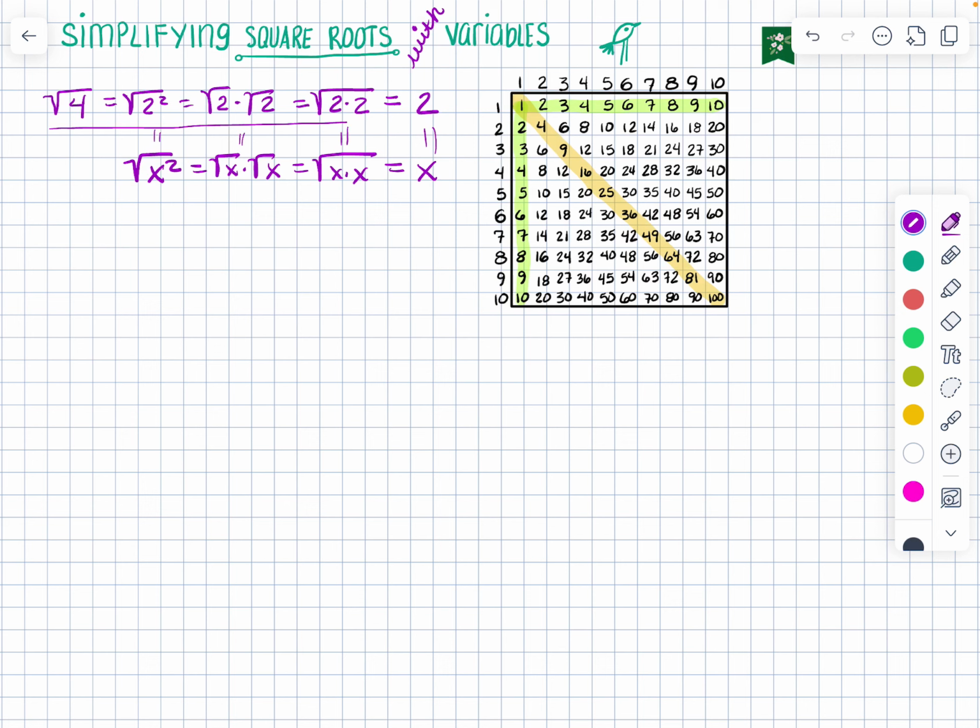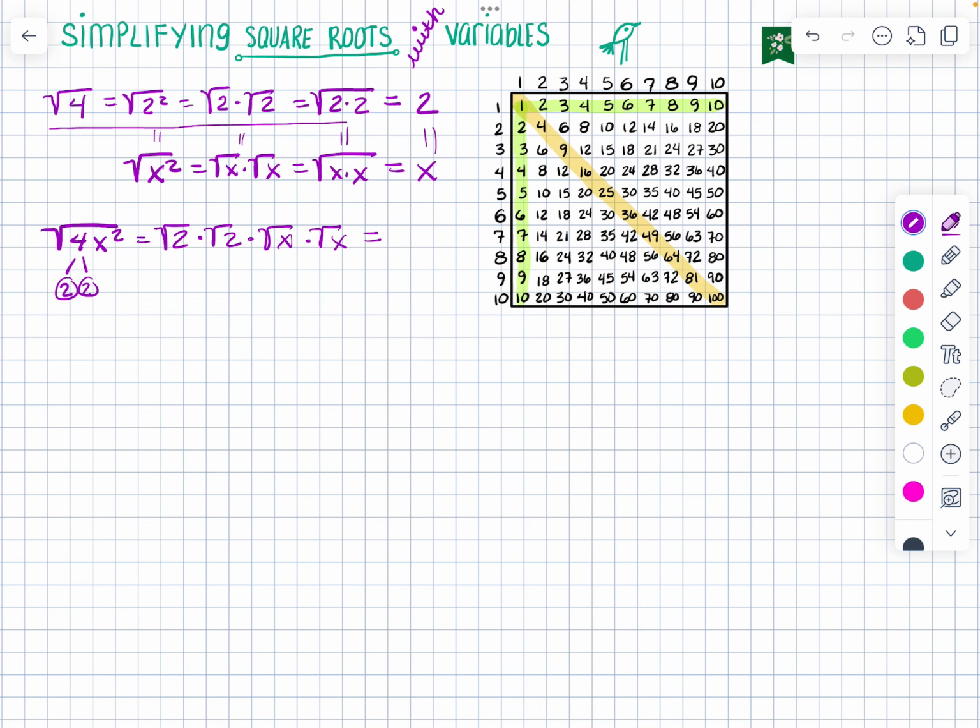Okay? So now let's try another one where we have really a combination of these two. We have the square root of 4x squared. Okay, so 4 is 2 times 2, and those are our prime factors of 4. So we can rewrite this as the square root of 2 times the square root of 2 times the square root of x times the square root of x.